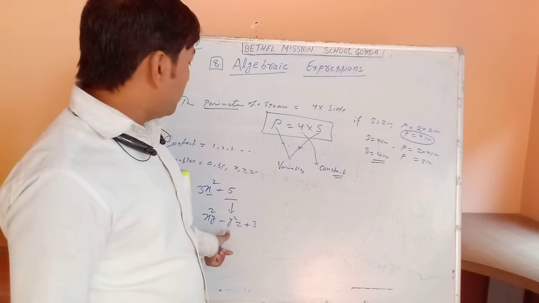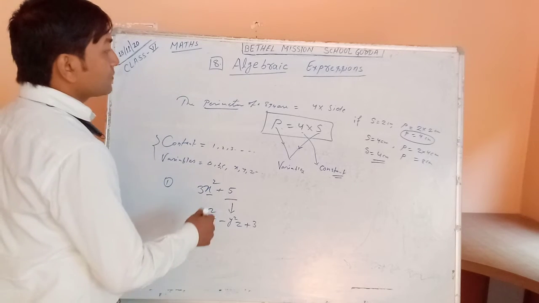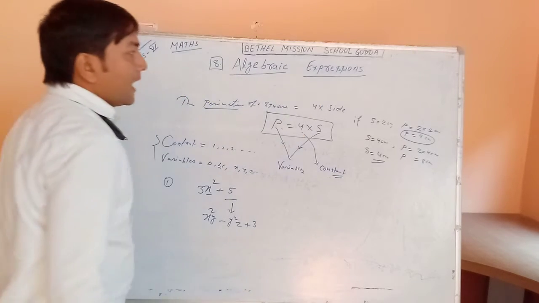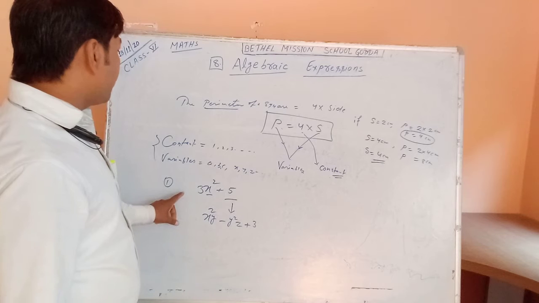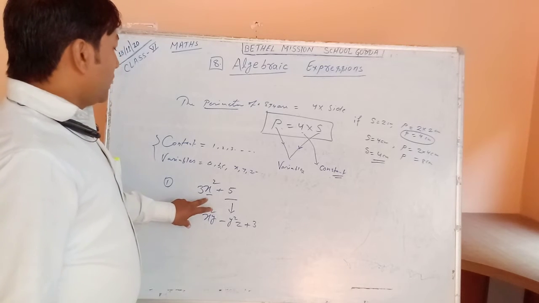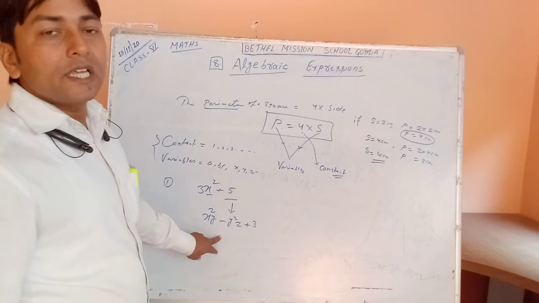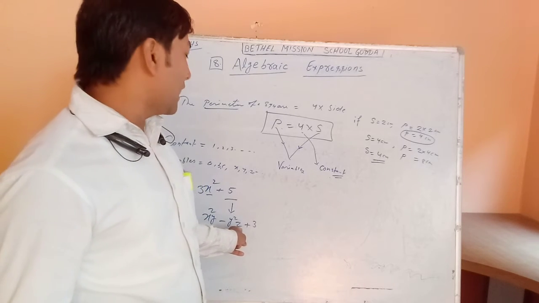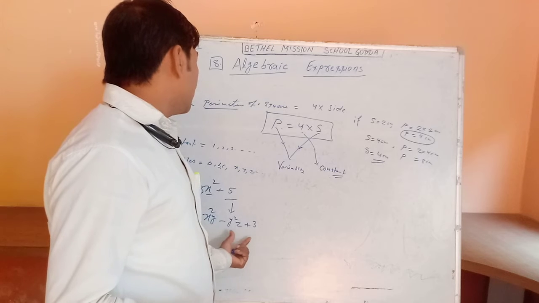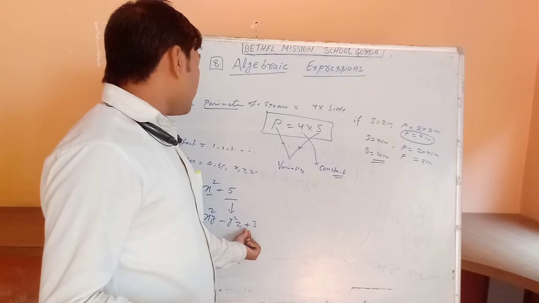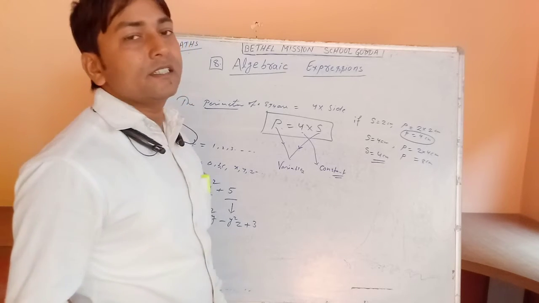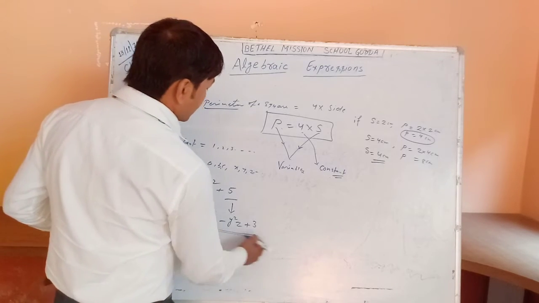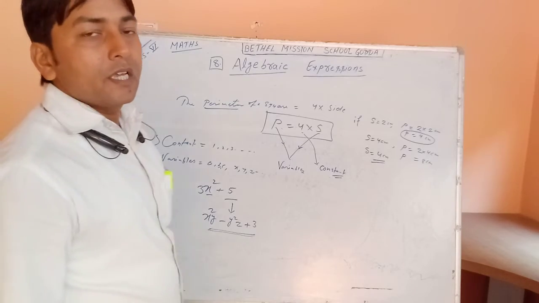That's why it is called an algebraic expression. When two or more terms are written with some mathematical symbol, this is called an algebraic expression.